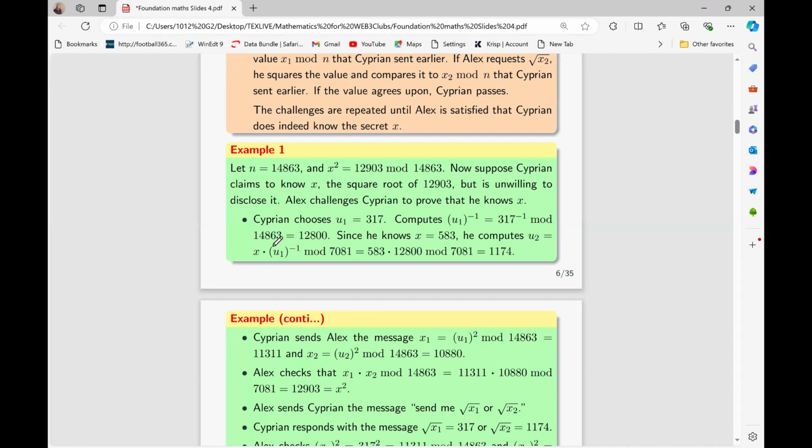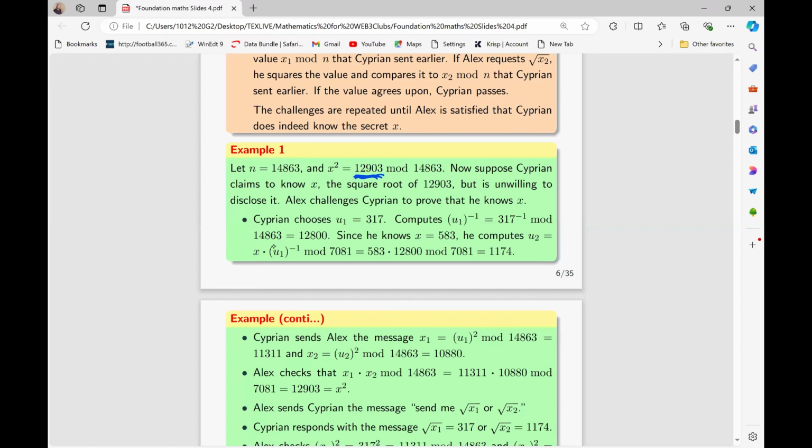Now, suppose Cyprian claims to know x, the square root of this, but is unwilling to disclose. Alex challenges him to prove he knows. You know, it's not easy to get this square root if you don't know x. So anybody who knows x is the only one who can get this square root.